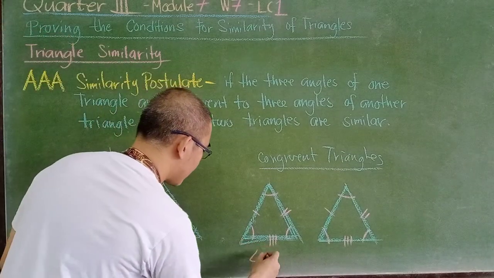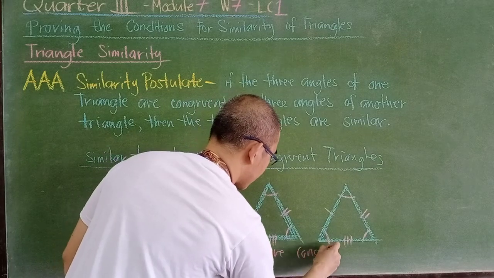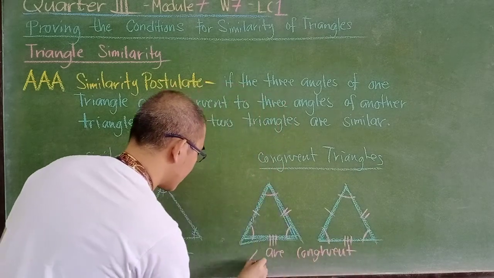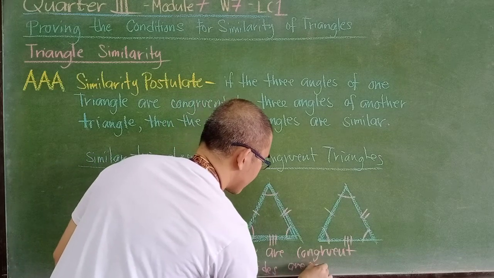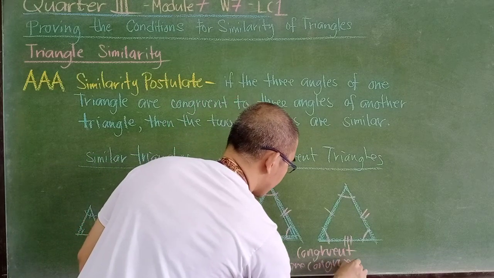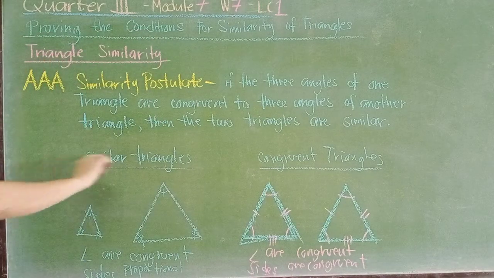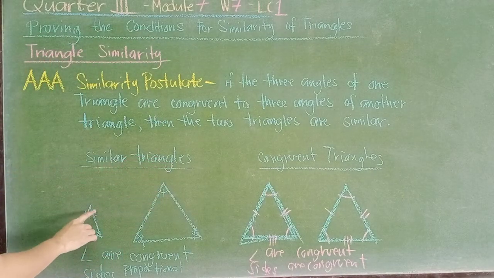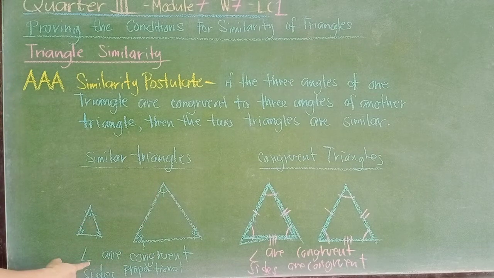So yung angles are congruent, yung mga sides are congruent also. So sa similar triangles, parehas yung sukat ng mga corresponding angle, pero yung sides proportional lang.